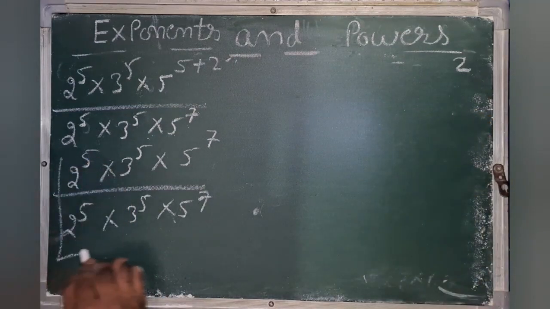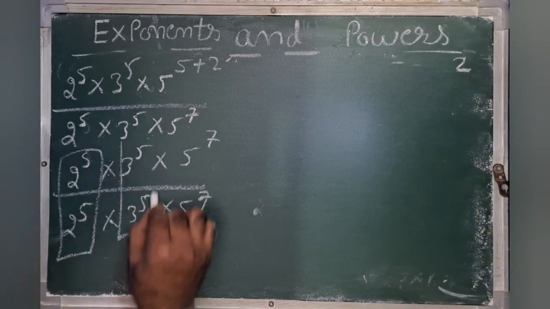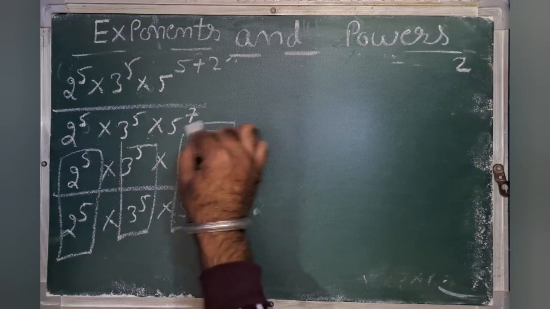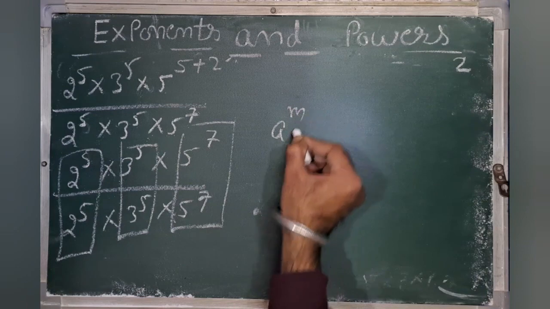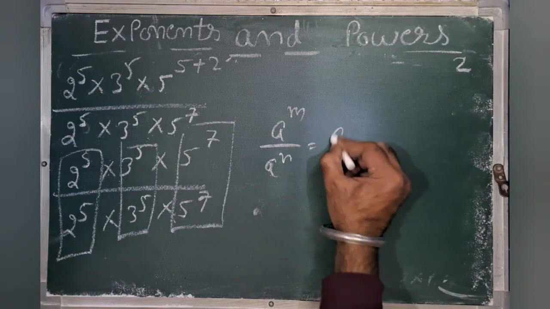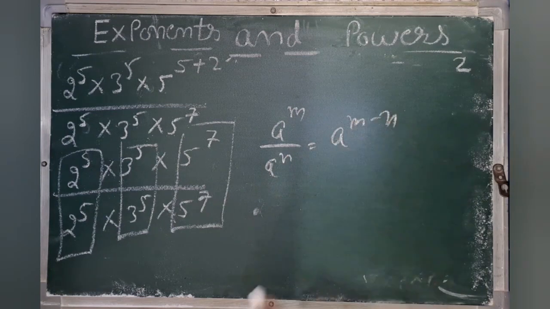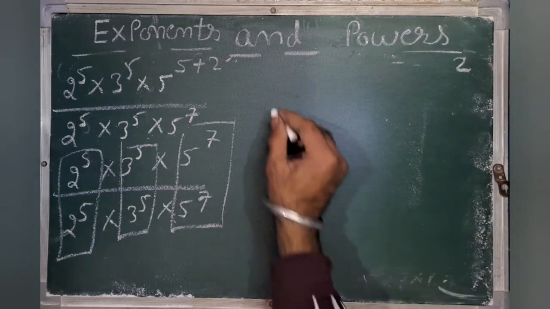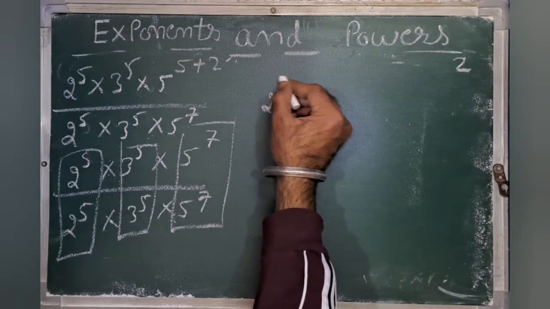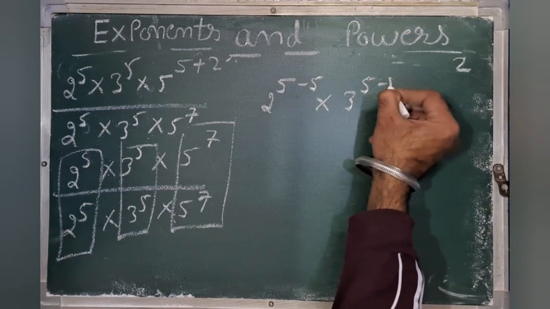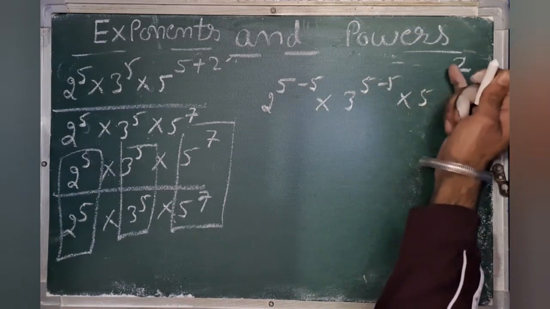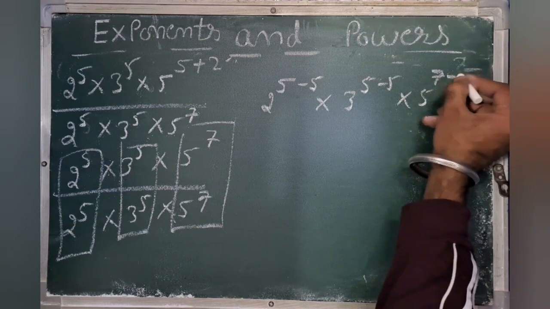So this base is same, and so what we do, a power m upon a power n we write a power m minus n. So next step is 2 power 5 minus 5 multiply 3 power 5 minus 5 multiply 5 power 7 minus 7.